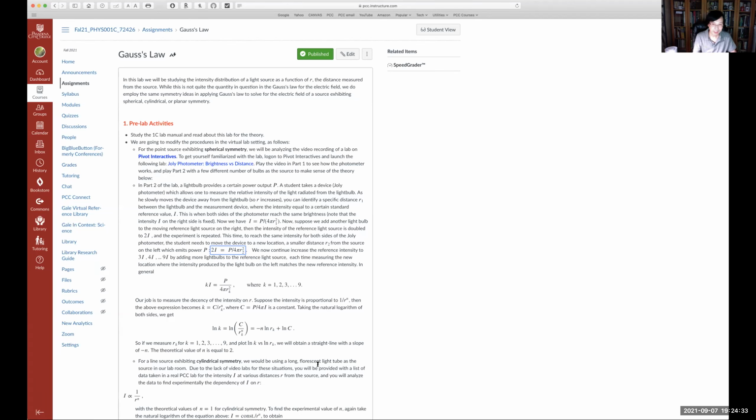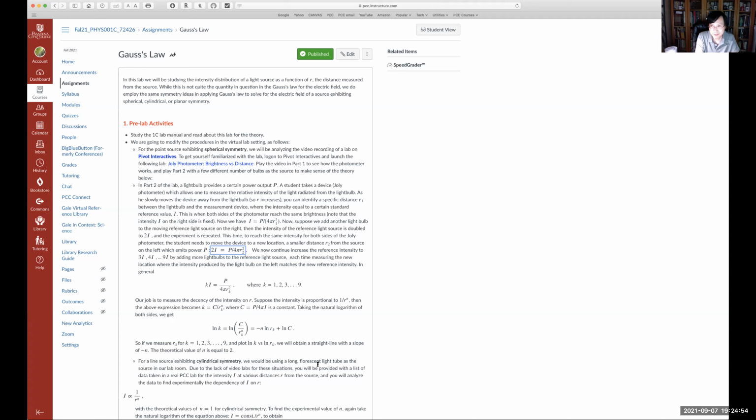And then we take this intensity photometer probe and gradually move away from the screen. We want to see whether the intensity drops or not. It's going to drop at some point, but it doesn't drop appreciably as it moves just a little bit away. So those are the things we actually did in the PCC lab room.